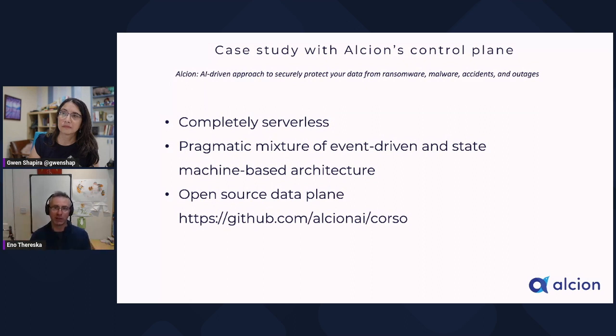But the control plane manages those data flows on behalf of the customers. It chooses when you back up the data, how you restore it, and it also does some analysis on the data, detects ransomware, and flags it to the customer. So that's what the control plane does.